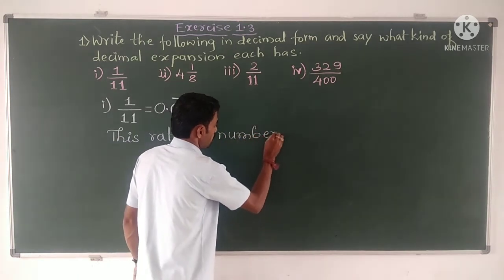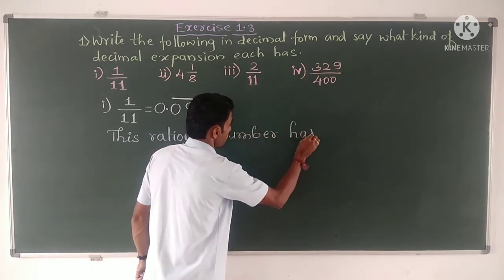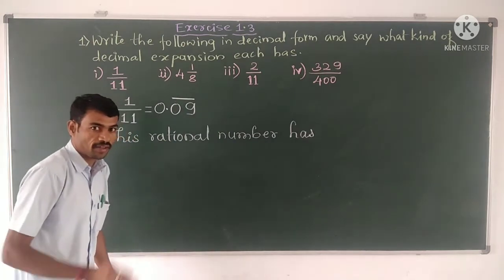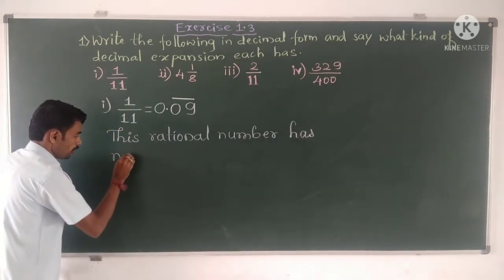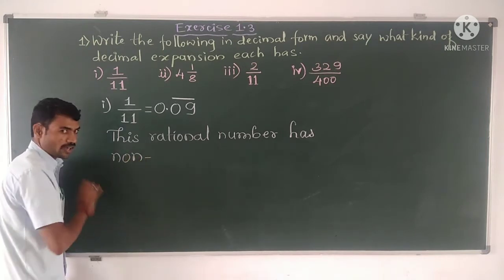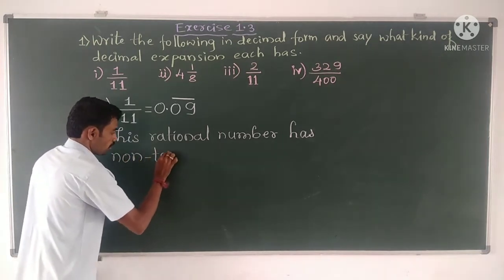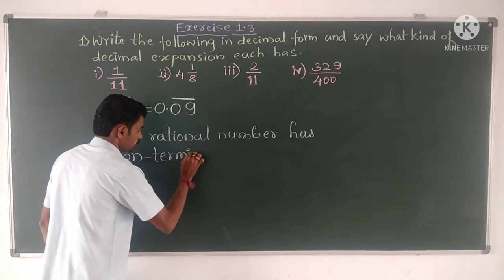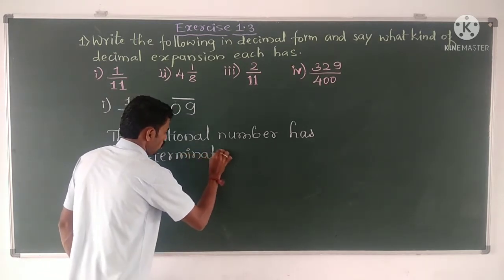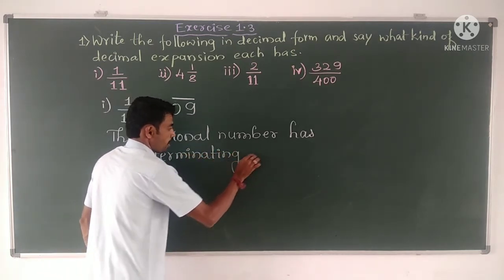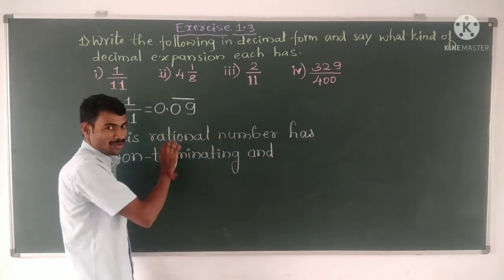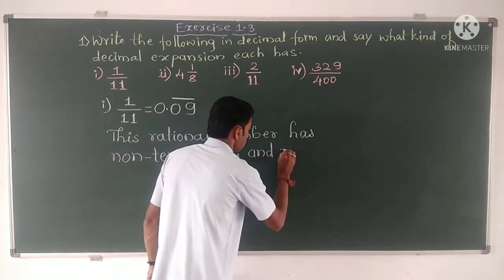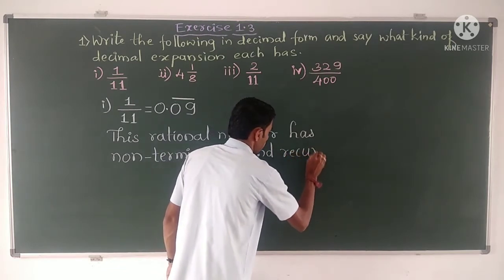This rational number has what type of expansion? Will the division end? No. It has a non-terminating expansion. It will not terminate. And which digits are repeating? 0909. And recurring.